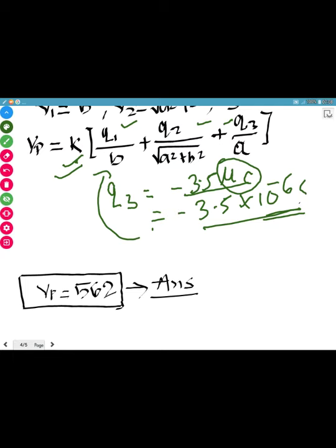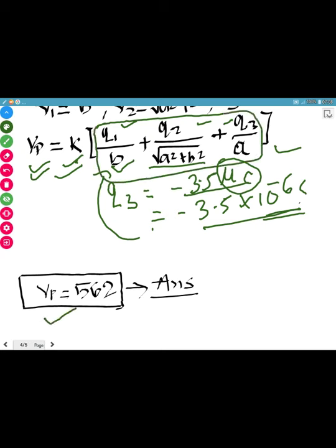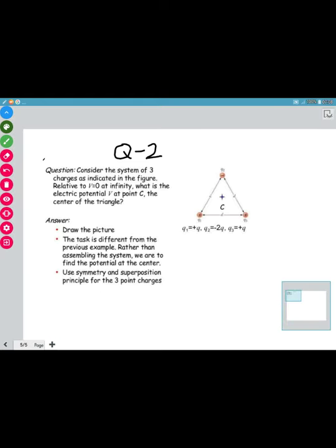A and B are given in the question, and the distances we have already computed. When you put all these things in, the potential at point P is the algebraic sum of the potentials due to Q1, Q2, Q3. That comes out to be Vp equal to 562. You can verify it.